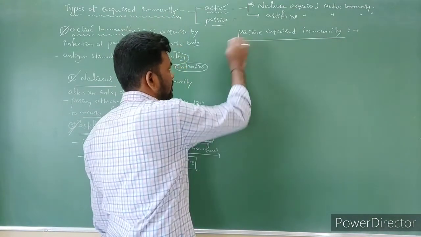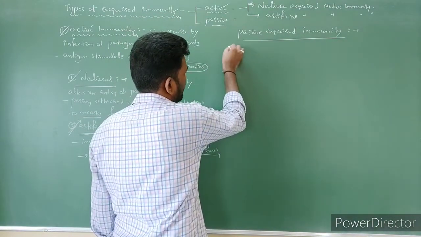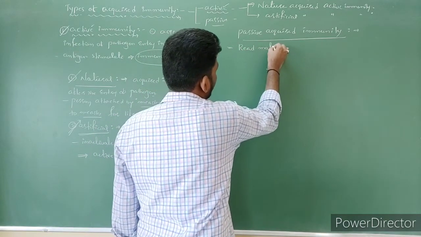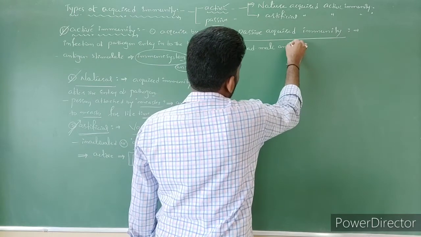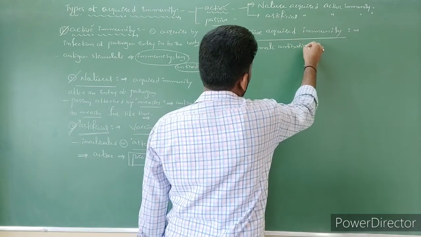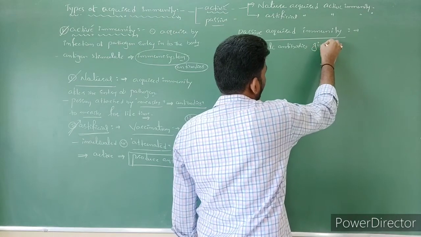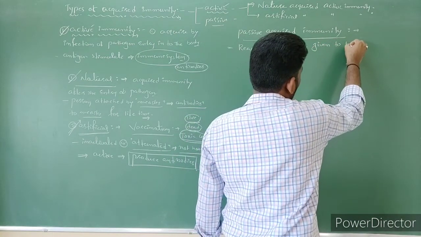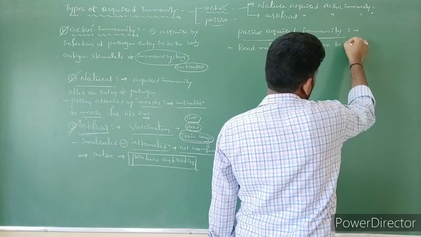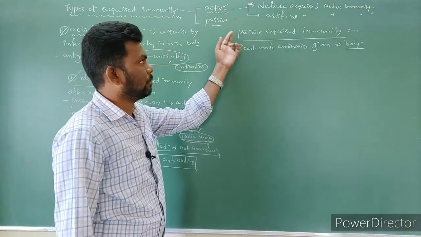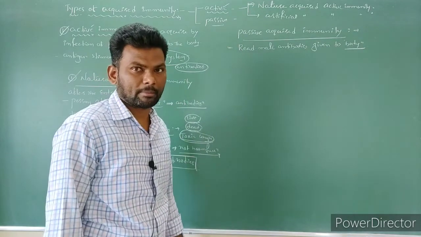So that is called what? Passive acquired immunity. Here, ready-made antibodies are given to the body or such a patient, right? That is passive acquired immunity.